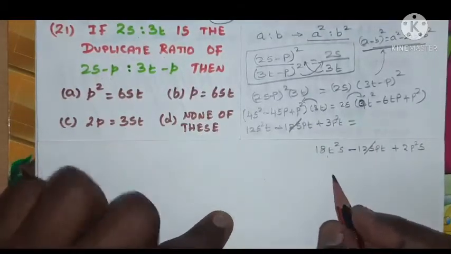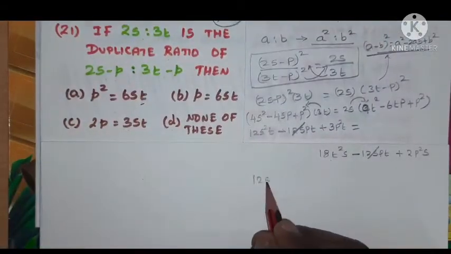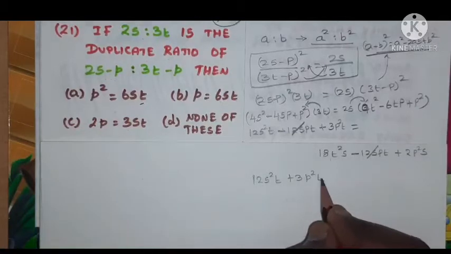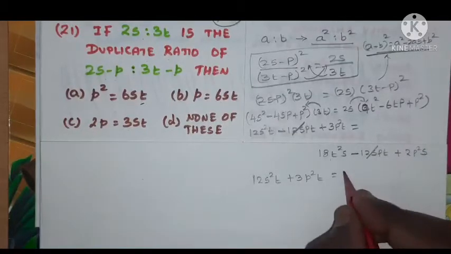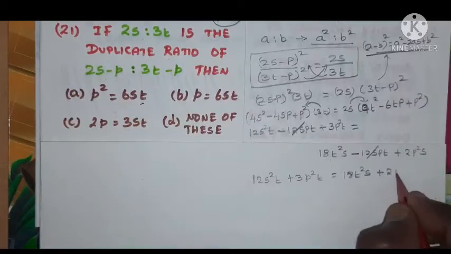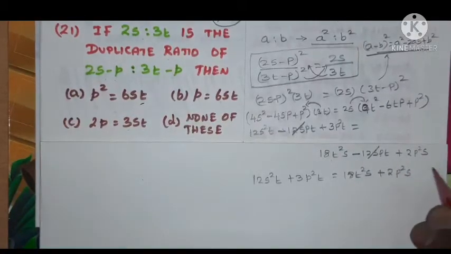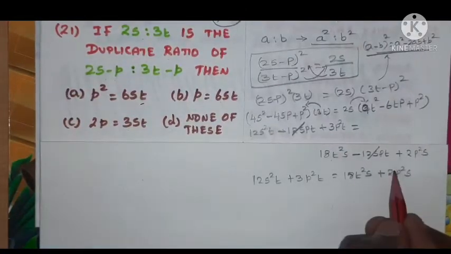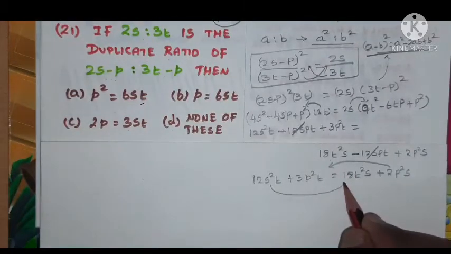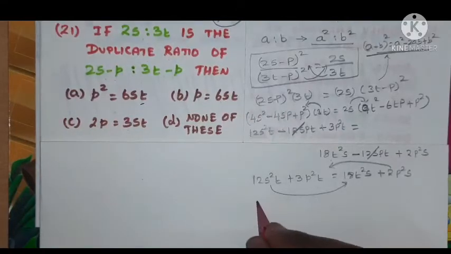The rest of the value is 12s²t plus 3p²t equal to 18t²s plus 2p²s, right? Now I am bringing p² terms to the left hand side and the other terms to the right hand side. Now what will happen?